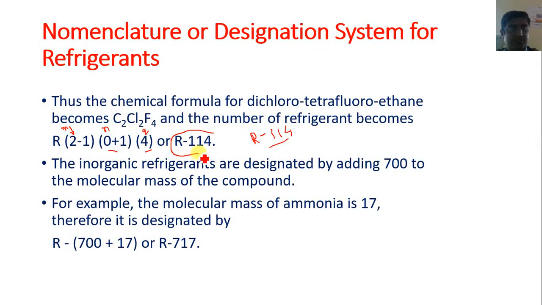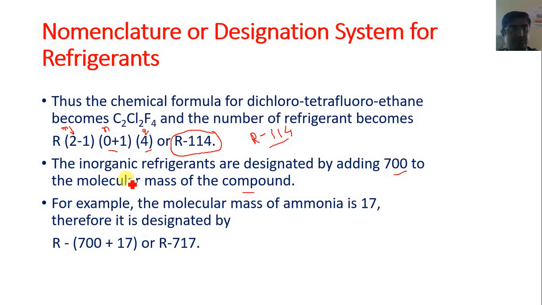So in this case dichlorotetrafluoroethane is also written as R114. And inorganic refrigerants are designated by adding 700 to the molecular mass of the compound.